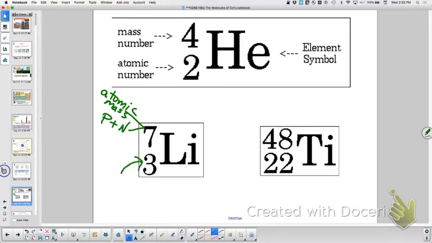Yeah, that number right there is protons. And that is referred to as the what? Atomic number. Can we ever change the atomic number? No, we're changing the element. So if the mass is protons plus neutrons and you subtract off the number of protons, I'm left with neutrons. In this case, how many? 4.